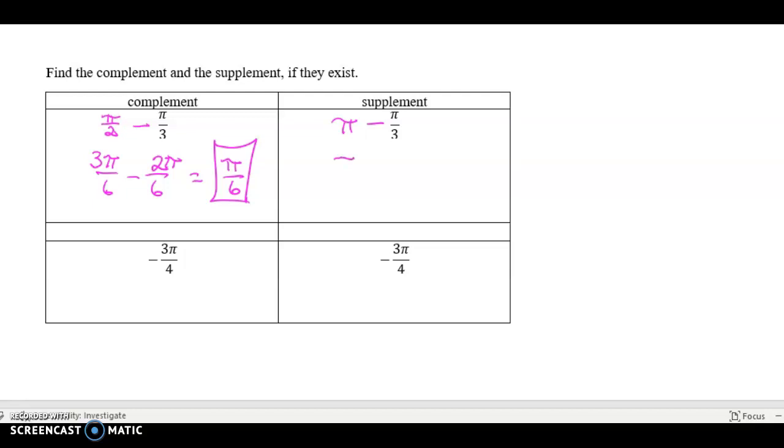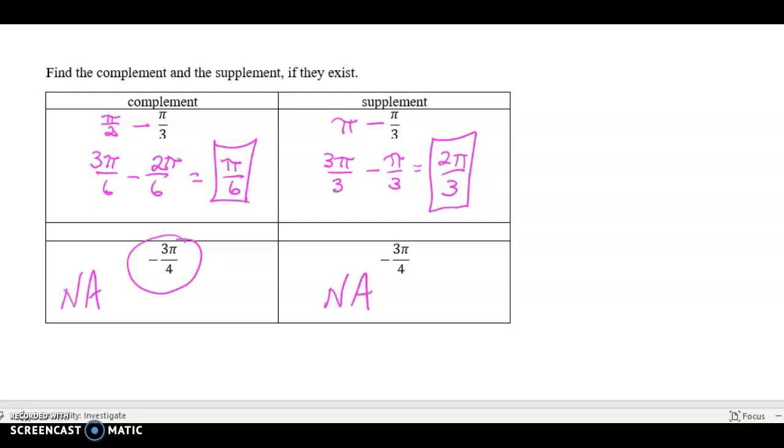So pi in thirds would be 3 pi over 3 minus pi over 3, because 3 pi over 3 is still pi, minus pi over 3 gives us 2 pi over 3, and that is the supplement. Okay, down here we have negative 3 pi over 4. We're trying to find the complement. If one of your angles is negative, there is no complement or supplement.